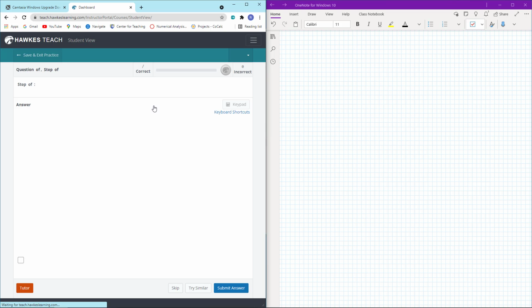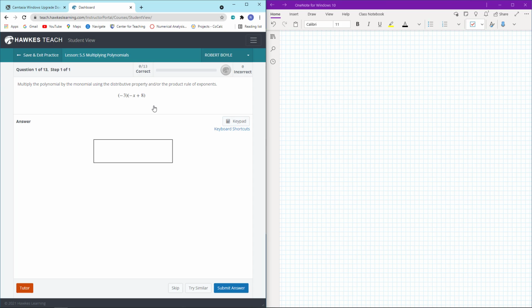Here we are. And here is our first problem. It is the multiplication of a monomial, frankly just negative 3 times the quantity negative x plus 8. So what's that going to look like? Well, so we have negative 3 times the quantity negative x plus 8.